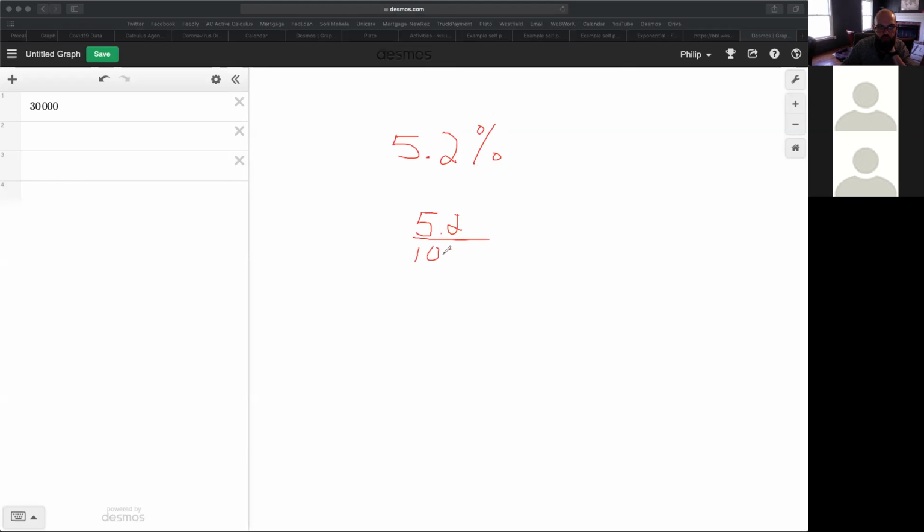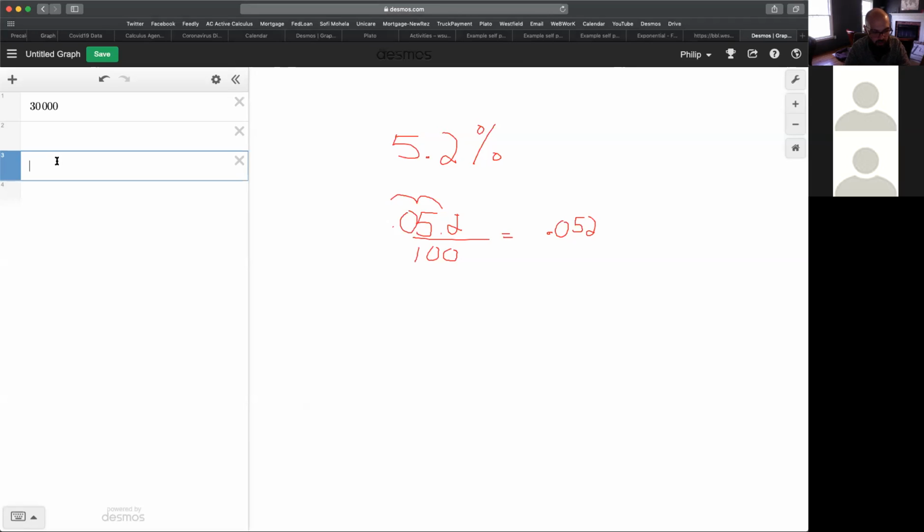If I divide that by 100, you may have thought this is the same as moving the decimal point left 2 places. So this is 0.052. So 5.2%, when I click over here, should be 0.052. If I do 5.2 over 100, we see right here this is 0.052.